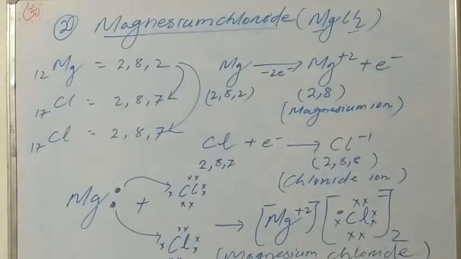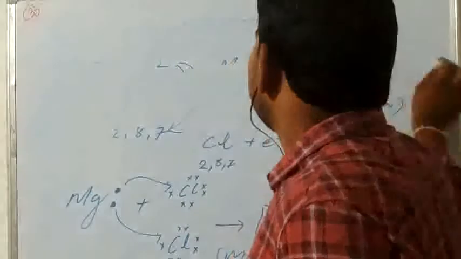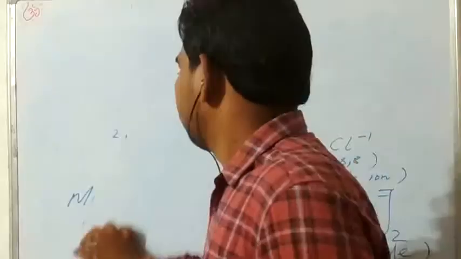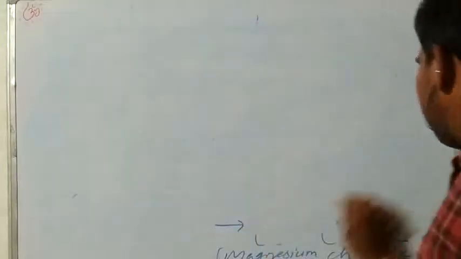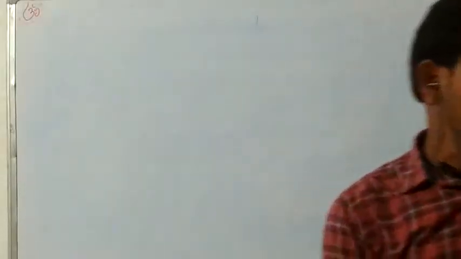So now we discuss some properties of ionic compounds. What are the properties of ionic compounds that we have discussed?